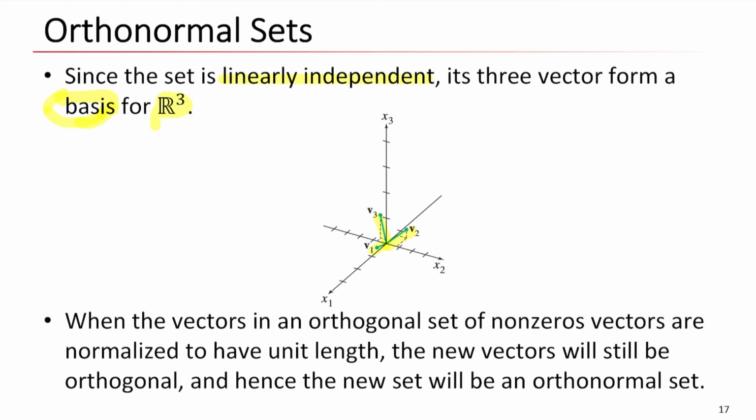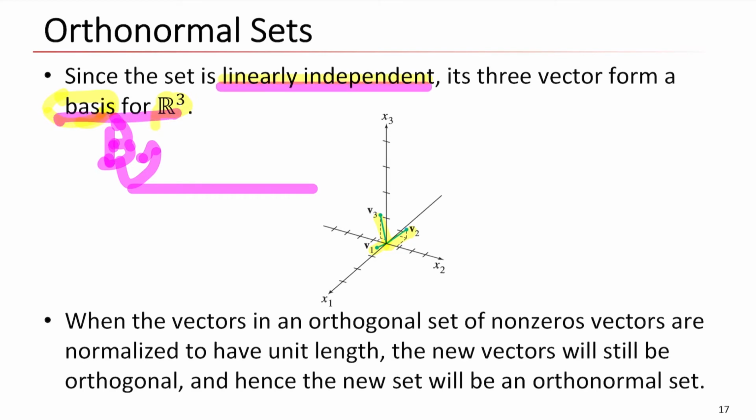If you want to check this, please see our previous lecture. There was a theorem showing the relationship between a linearly independent set and a basis. What was that?